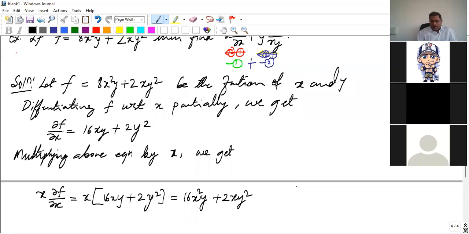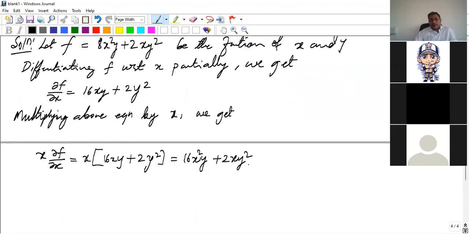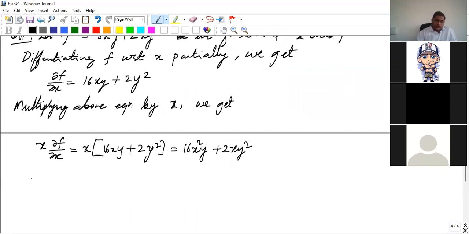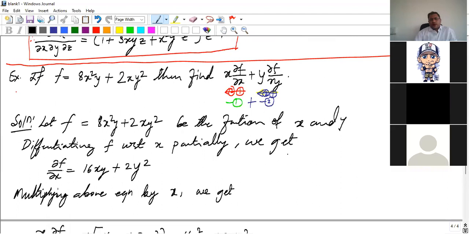Okay, so that's what we are able to get. Now, this is equation 1. So we got x double f by double x is equal to 16x square y plus 2xy square. That is equation 1.